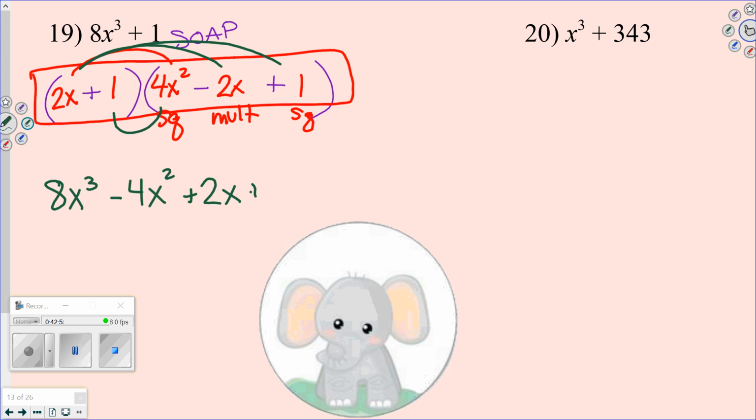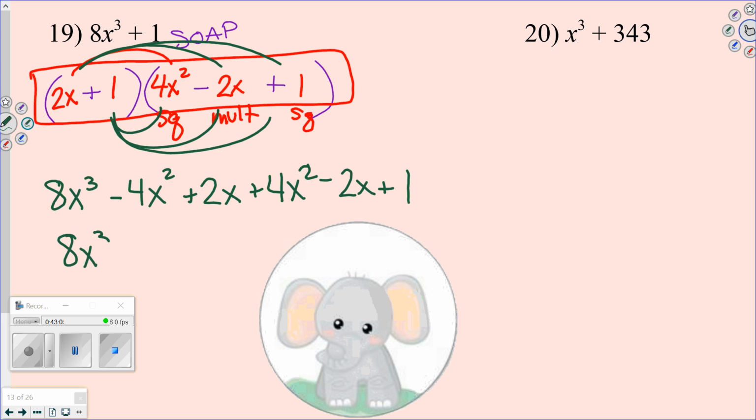Distribute here: 4x squared minus 2x plus 1. So I put in like terms, I have 8x cubed. What happens to your squareds? They're gone. Your x's cancel, and I have plus 1. So could you check your answers if you're not sure if you did that right? Yeah. It's kind of cool, right? So that's why your signs have to be what they are: the same, opposite, always positive.